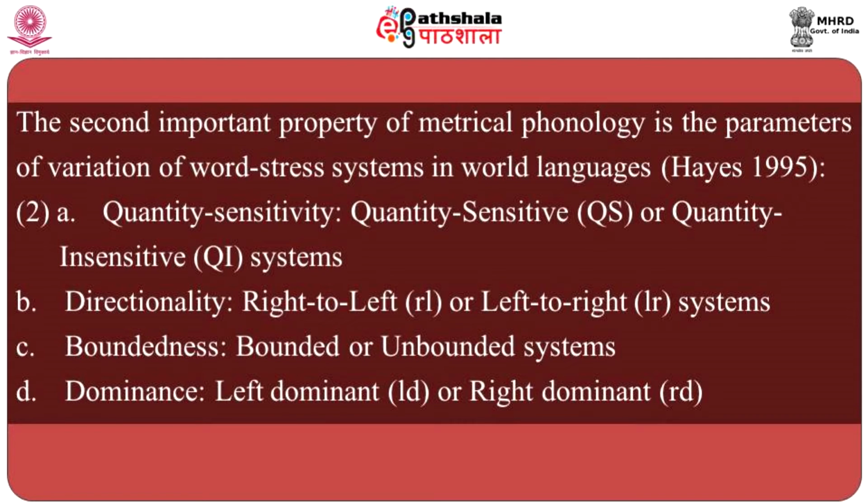The parameters are in short the following: quantity sensitivity, which gives rise to two systems, quantity sensitive or quantity insensitive; directionality, metrical feet are built from right to left or left to right; boundedness, metrical feet are bounded, limited in size to binaries, or unbounded; and fourth, dominance. So either the left syllable of a foot is dominant, is strong, or the right one.